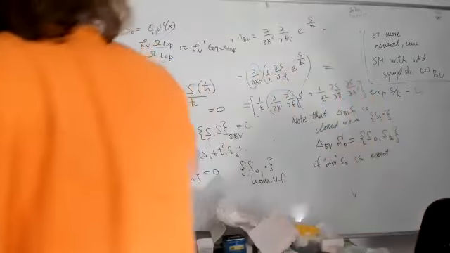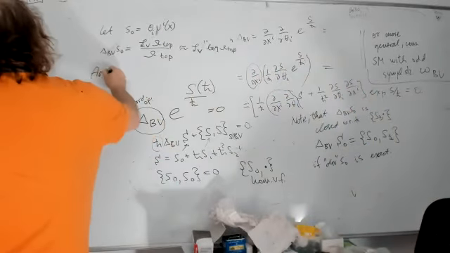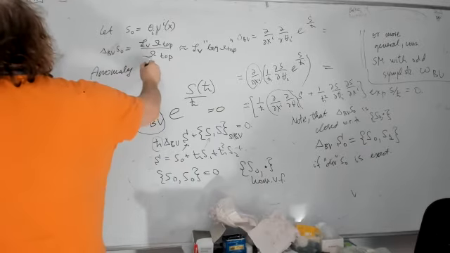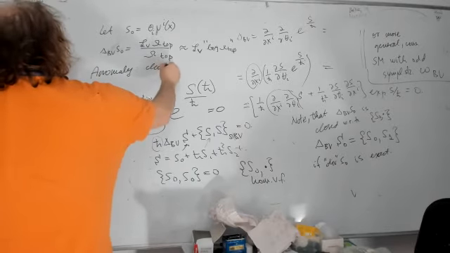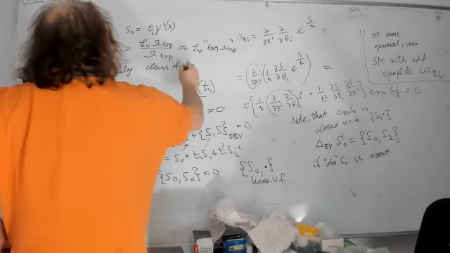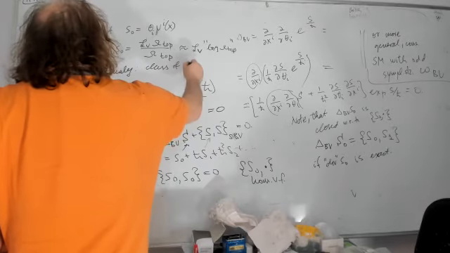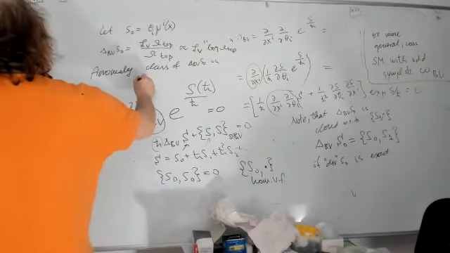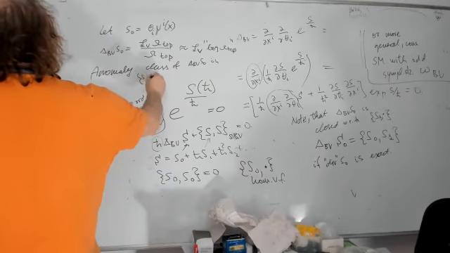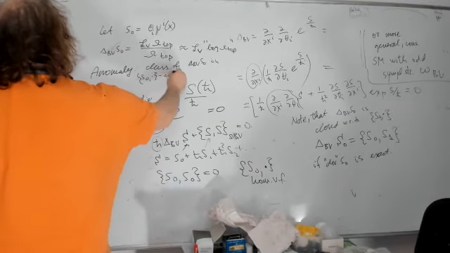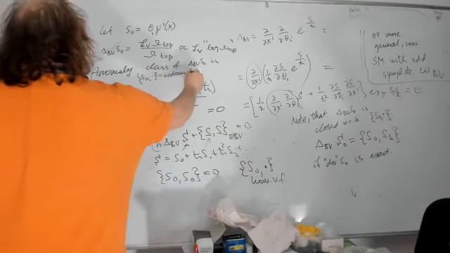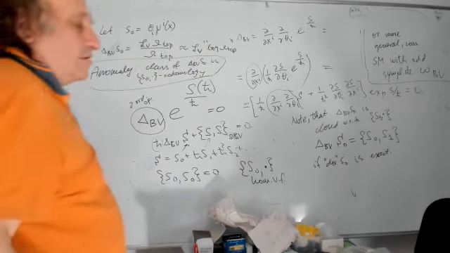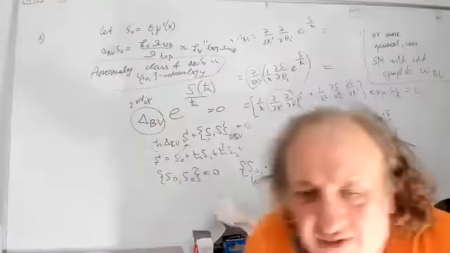So anomaly is the class of delta BV of S naught in S naught cohomology. So that's what anomaly is.